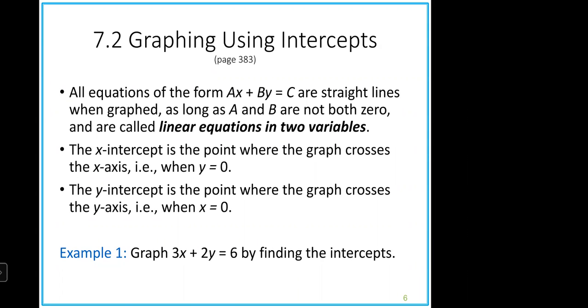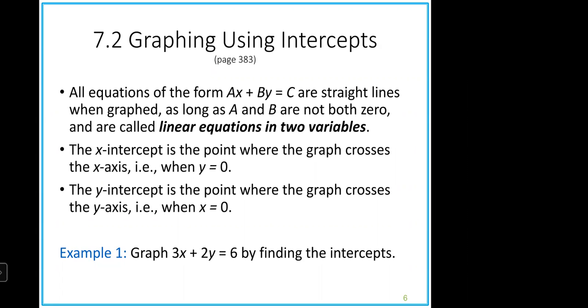You will notice that the power of x and the power of y is 1, even though it's not stated. Once we don't see that power, it's the first power. Any equation in that form gives a straight line, which is why they're called linear graphs, as long as a and b are not both 0. They're called linear equations in two variables, because the two variables are x and y.